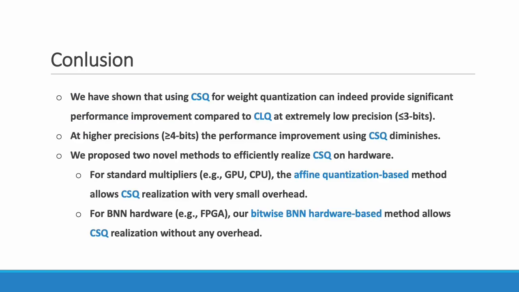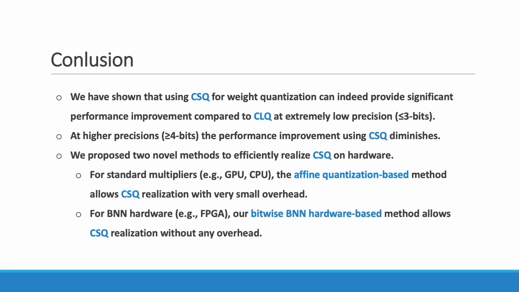Okay, to conclude, we have shown that CSQ for weight quantization can actually provide a significant performance advantage compared to CLQ at 2-bit and 3-bit precision. However, going beyond 3-bit precision, the performance improvement starts to become very small.